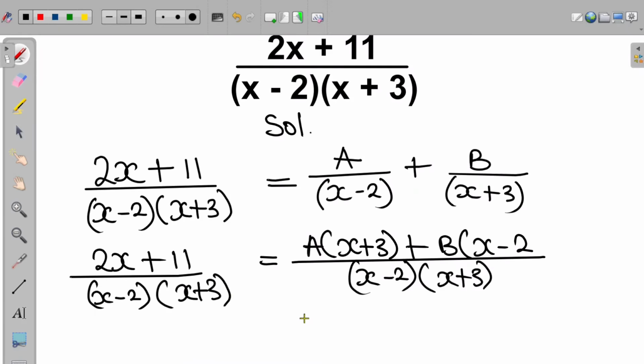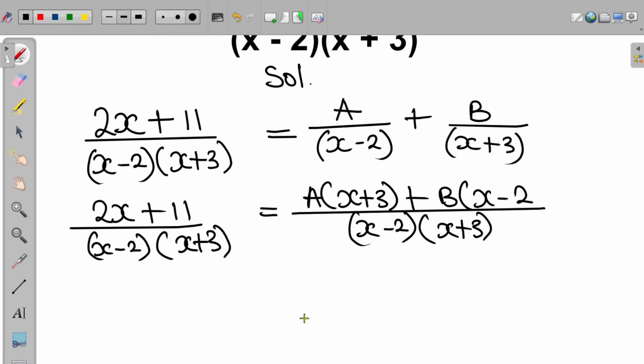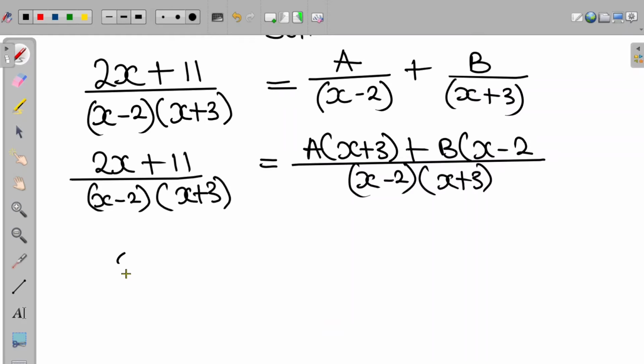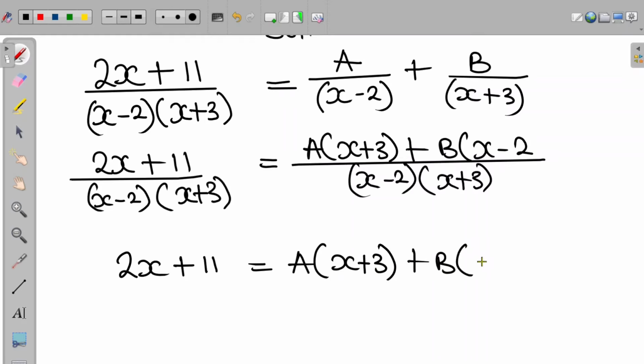Now, looking at the expression on the left-hand side and that on the right-hand side, you can see that the denominators are equal. Thus, the equation becomes 2x + 11 equals A multiplied by (x + 3) plus B multiplied by (x - 2). Let's call this equation 2 and the earlier one equation 1.